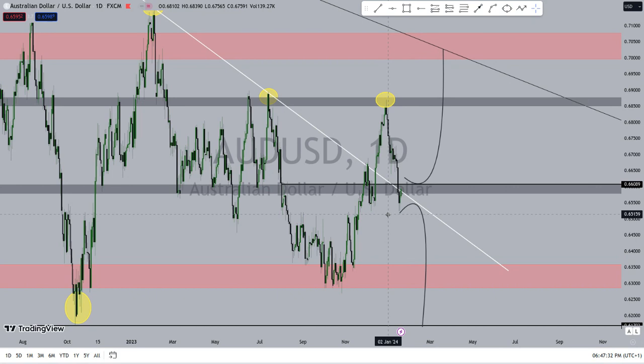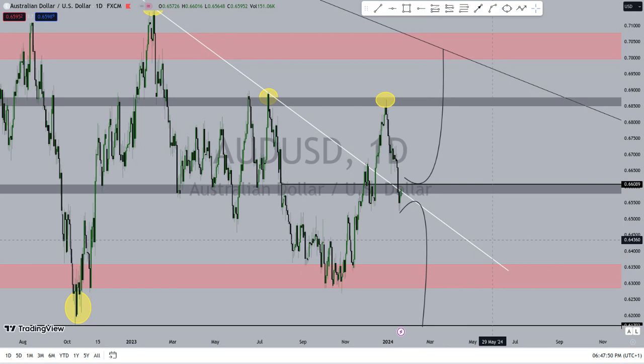Or it can as well come back down below here. It might just be a retest, coming back down below here, and then it's going to be trading down below. That is for AUD USD.